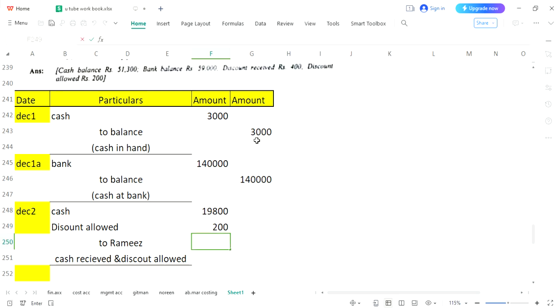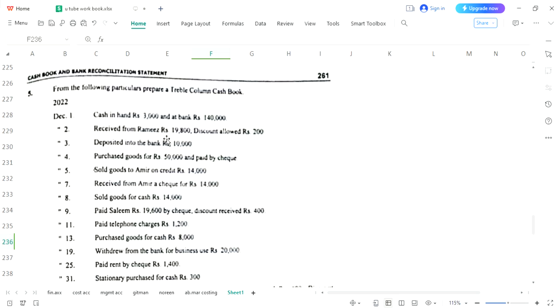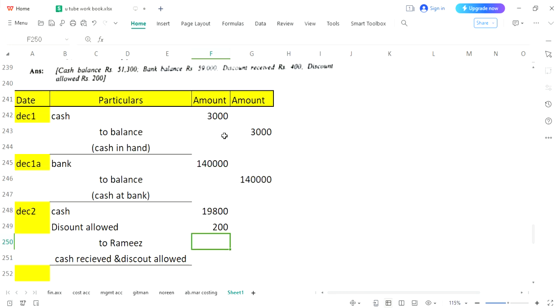But now the amount of Ramesh is not mentioned. Please note it down. From this entry you can see only two amounts are present. The third amount is not present. But we do know debit and credit are always equal. Similarly, we will equalize debit and credit. How?